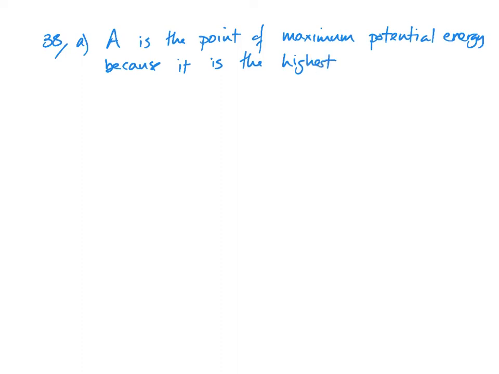Potential energy varies directly with height. Mass and g are constant throughout. The point of maximum kinetic energy is point E.